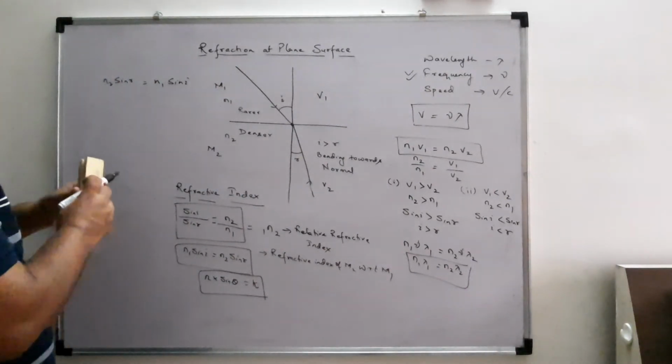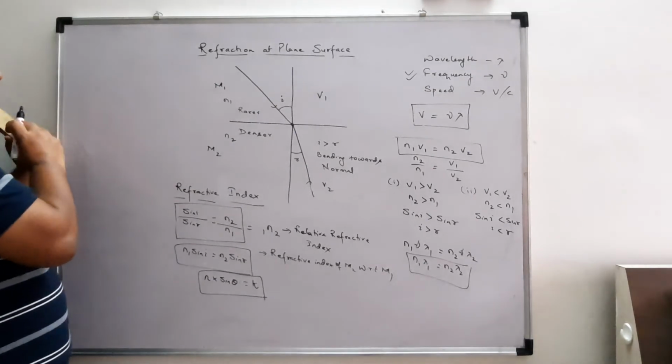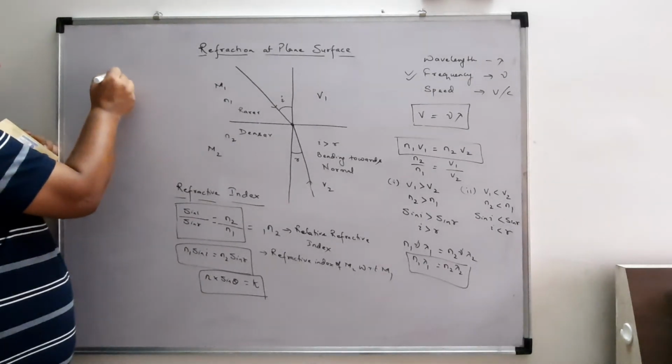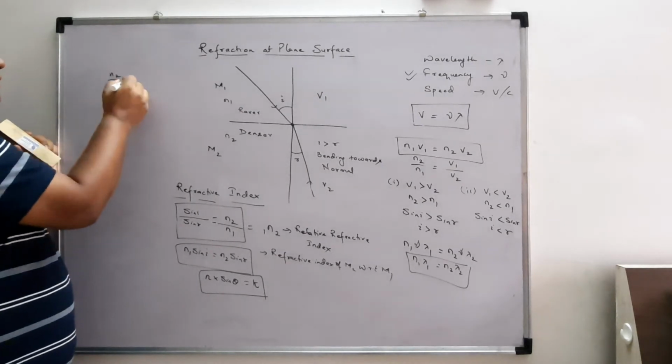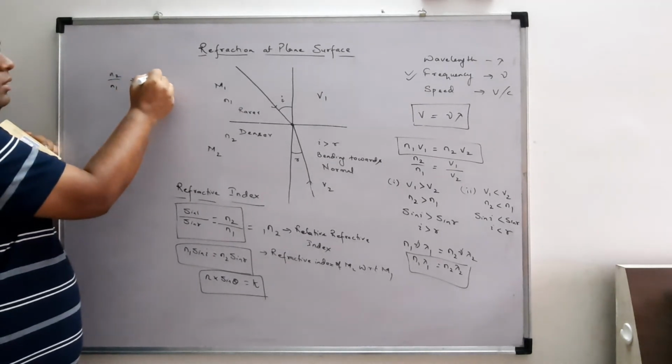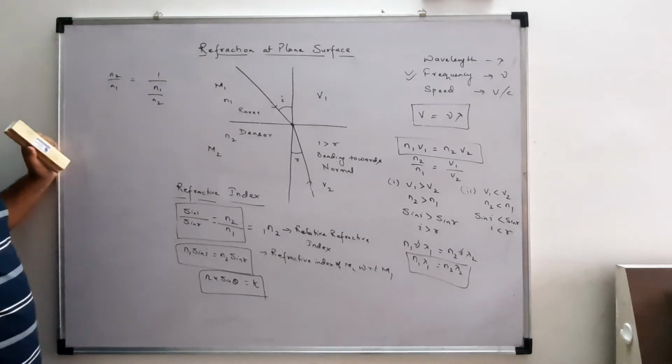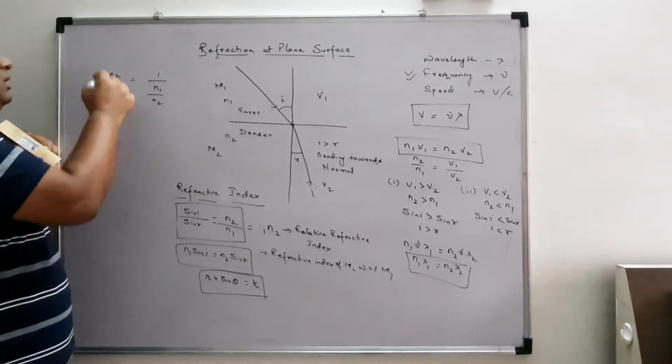So what we can say here is that n2 by n1 can be written as 1 upon n1 by n2. What is this?